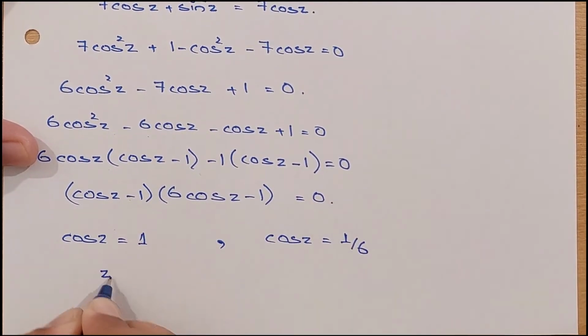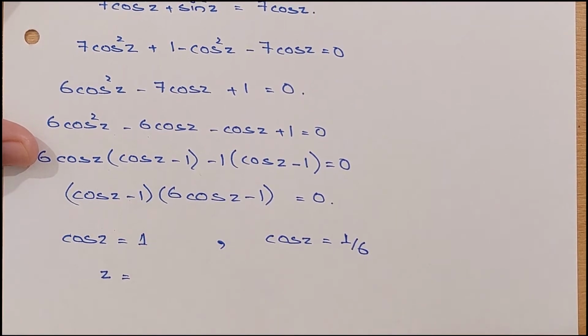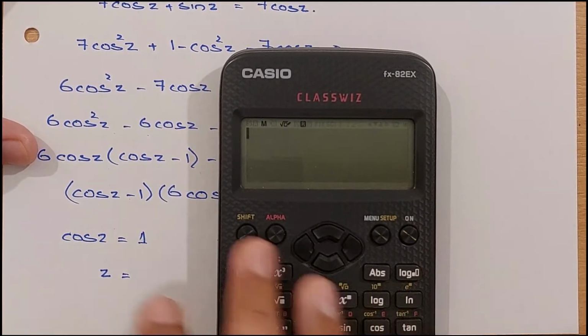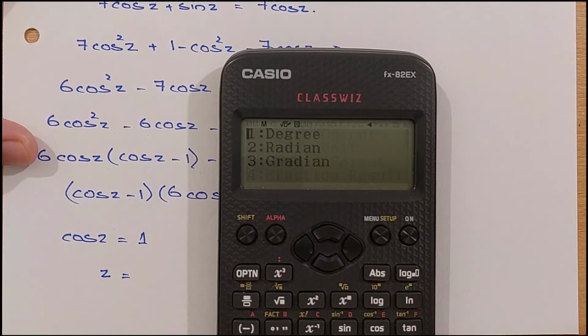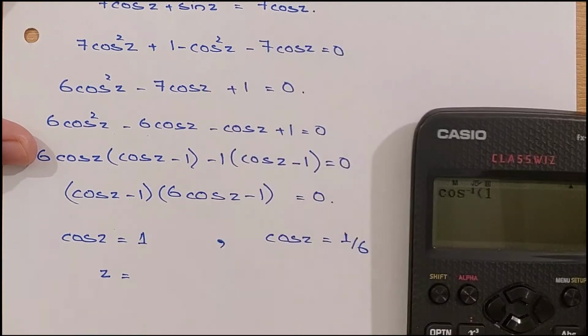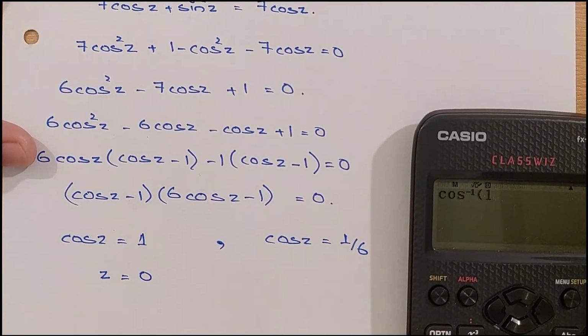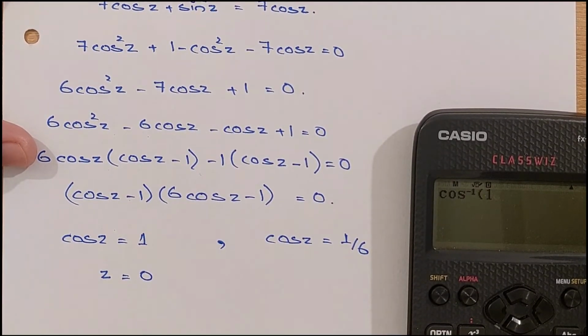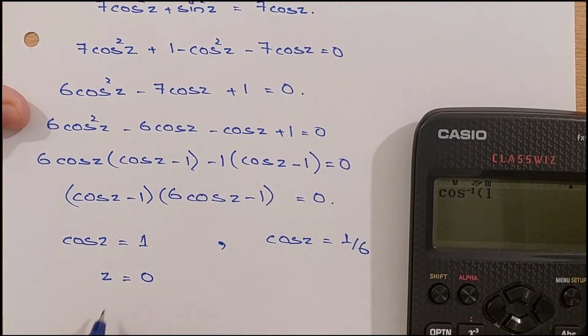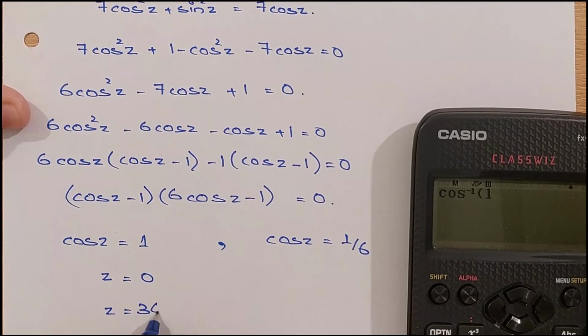So what is the z value? From both factors cos is positive, right? It is in degrees, the domain is in degrees. Okay, cos inverse of 1 is 0, so z is 0, and cos is positive in the first and fourth quadrants, so this is 0 and 360. So z equals 360 degrees.